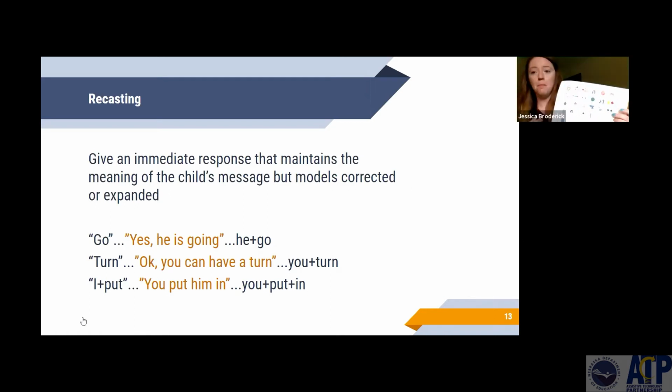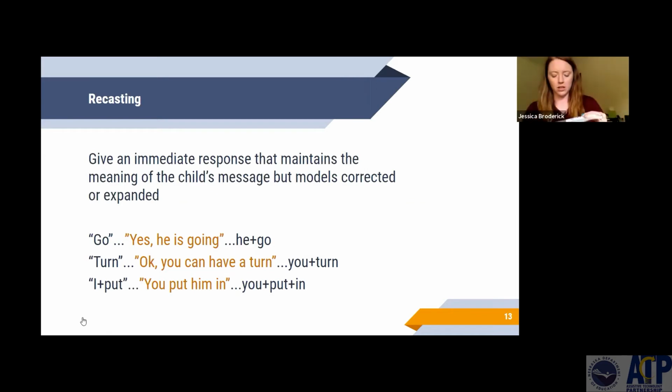And maybe what I'm modeling on my board here is he go. Oh, yes, he is going. I have taken what the child communicated, go, and I have added one more thing to it.